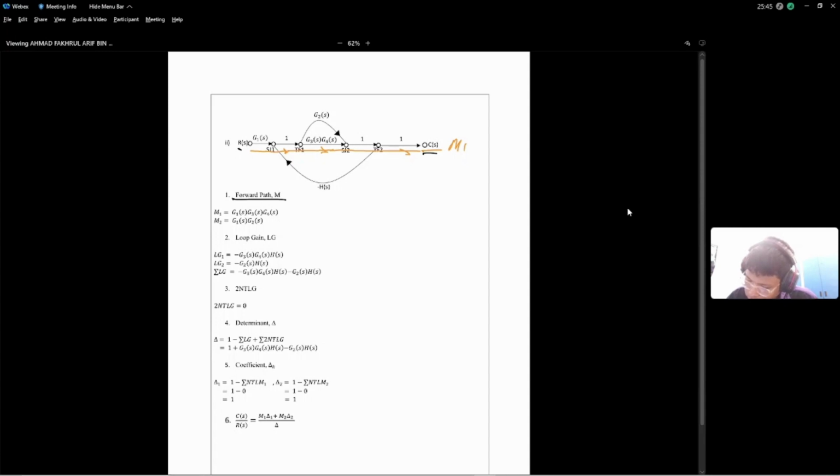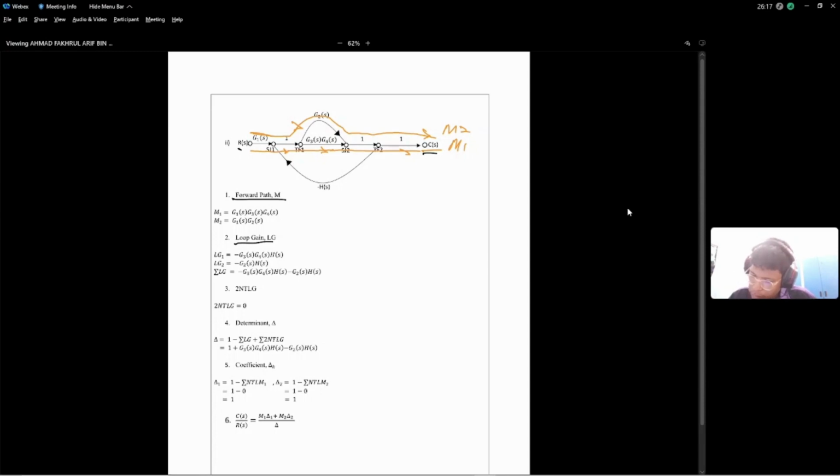We go through G1 and then G2, then times by 1, 1, and this is the second forward path. We tried to find another forward path, but there is no other. It's only two.